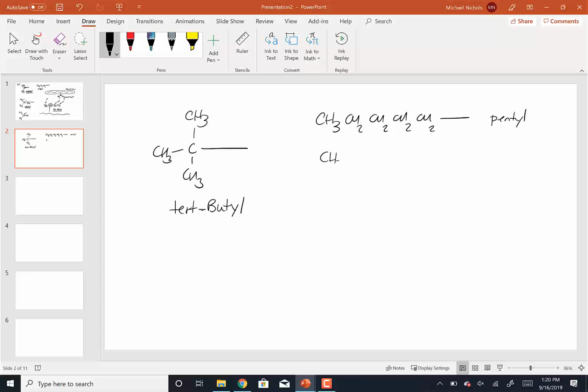A pentyl with an iso group is isopentyl.